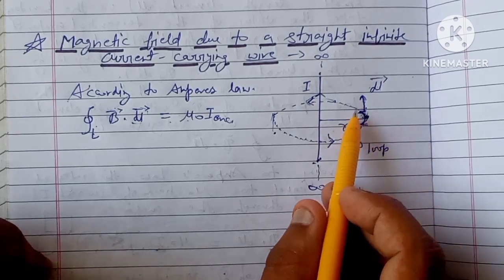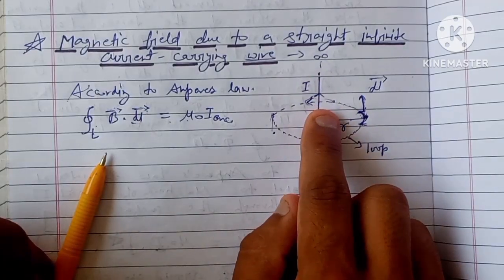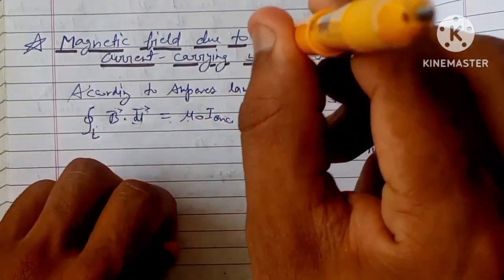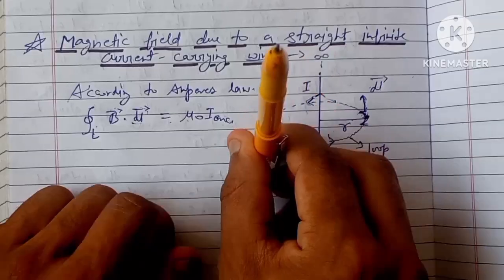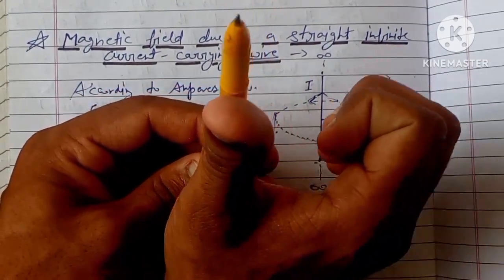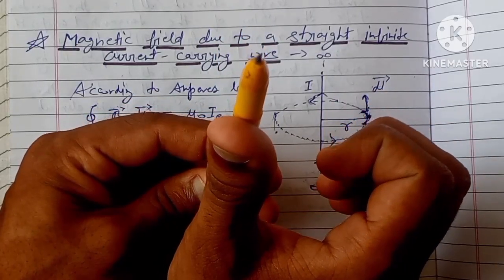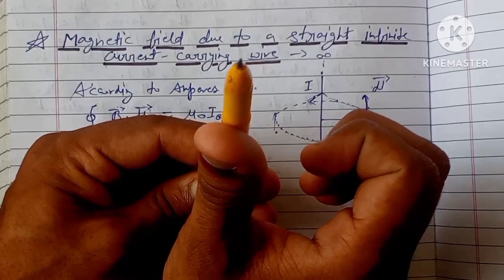Put the thumb of your right hand in the direction of current. Since my current is in upward direction, I will put the thumb of my right hand in the upward direction, and then the curling fingers will represent the direction of your magnetic field.